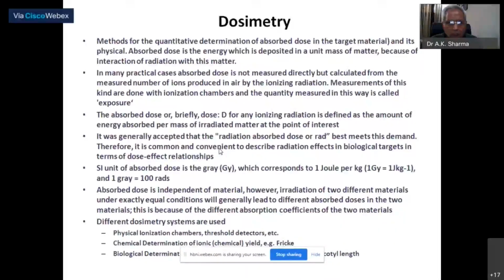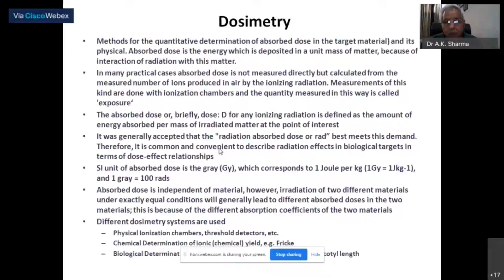So it depends on the conditions that you have in different materials. Irradiation of two different materials under exactly the same conditions will generate not very homogeneous effects.